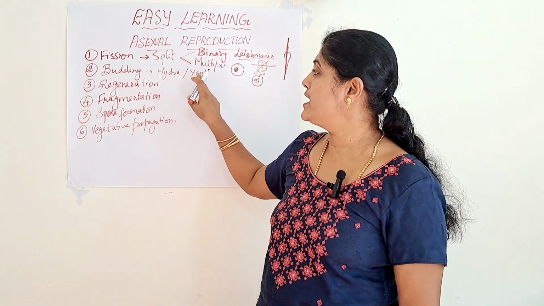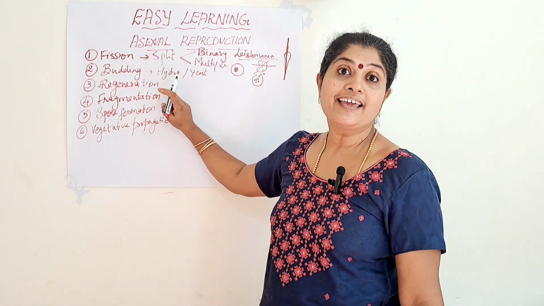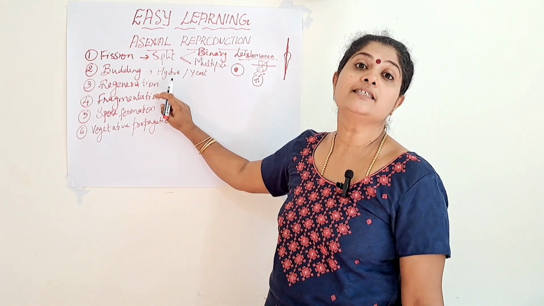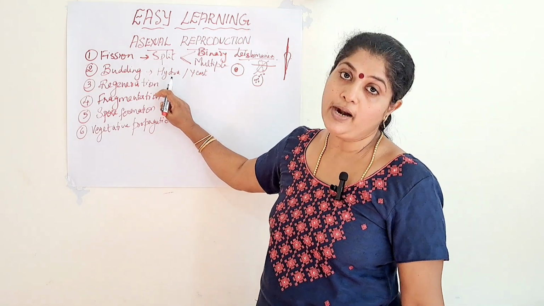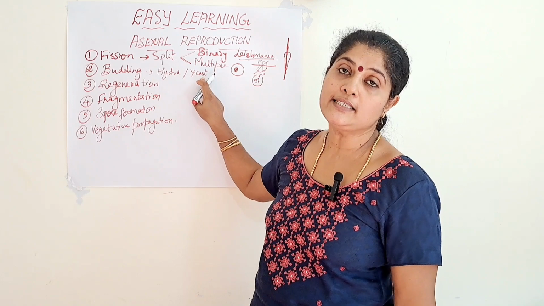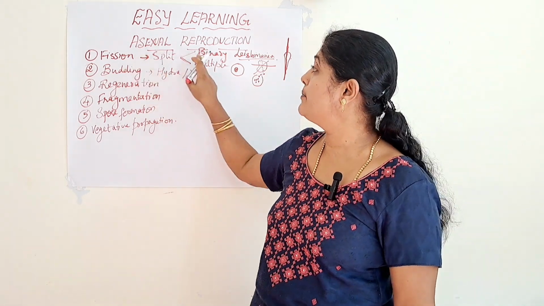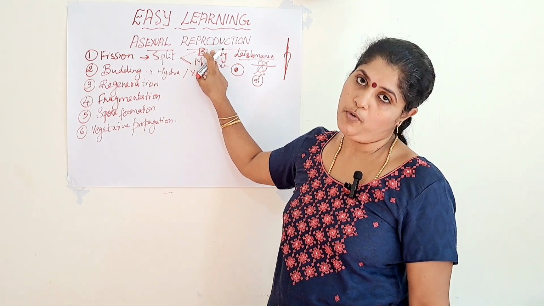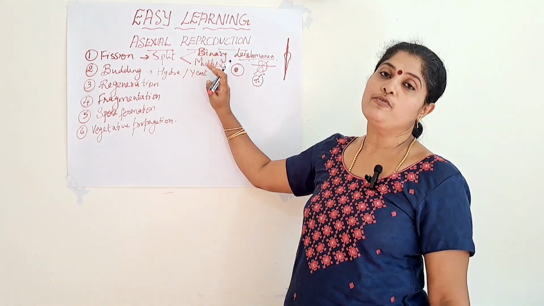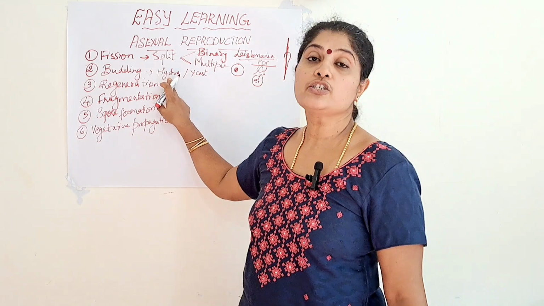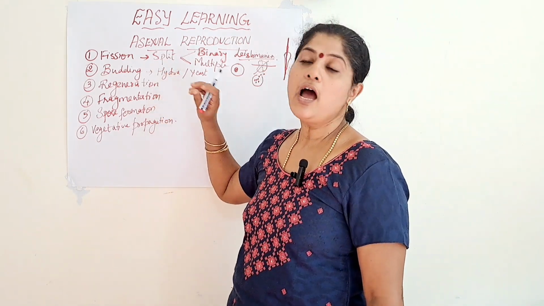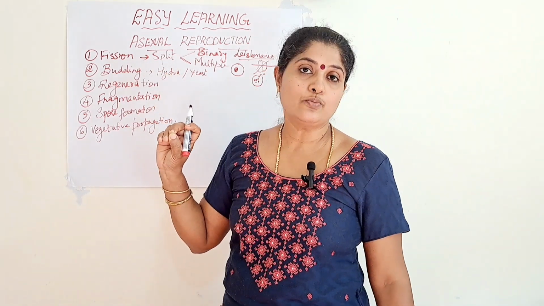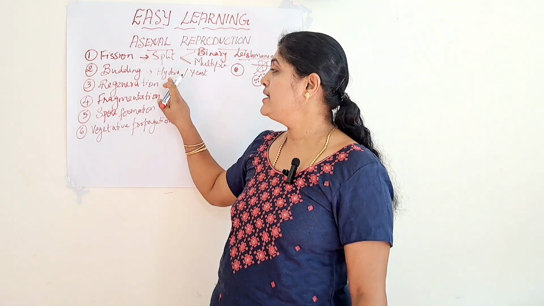In the case of hydra and yeast, the diagram of budding in hydra and budding in yeast is very, very important. Here, in binary fission, the diagram of amoeba is also very, very important. So you have to concentrate on the diagrams. In the case of hydra, a small projection arises from the body of the parent hydra.